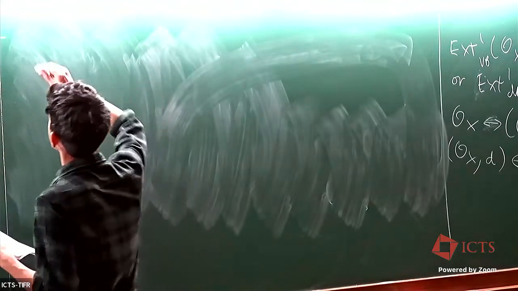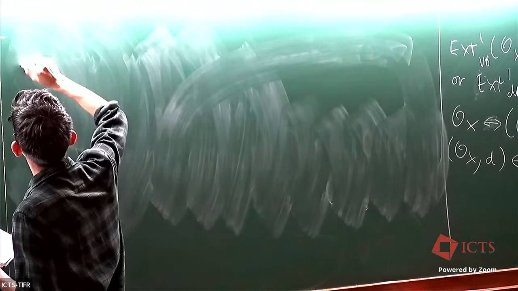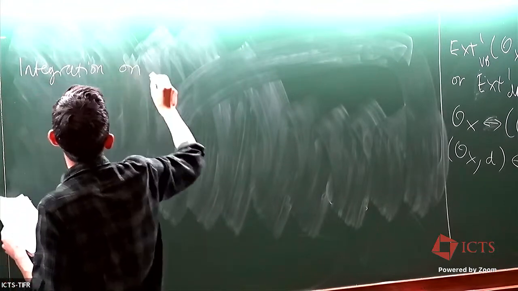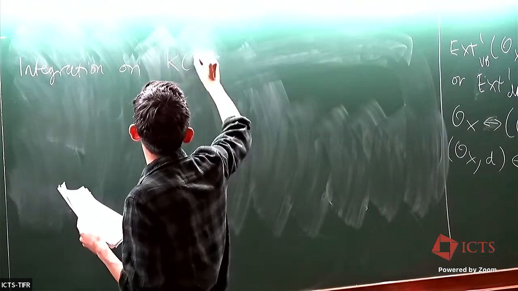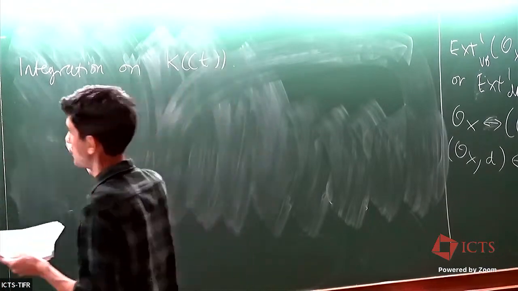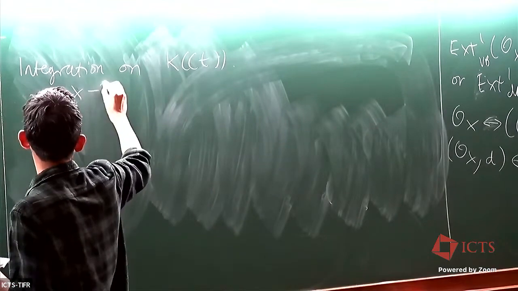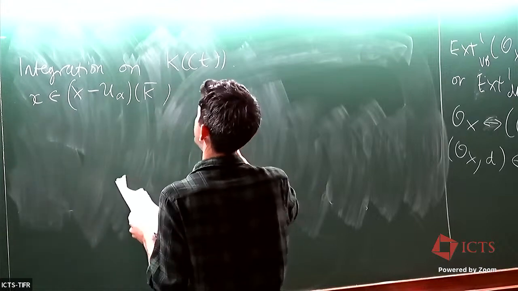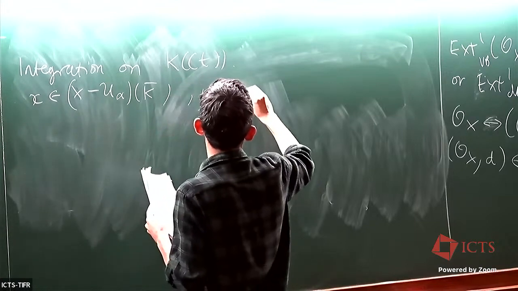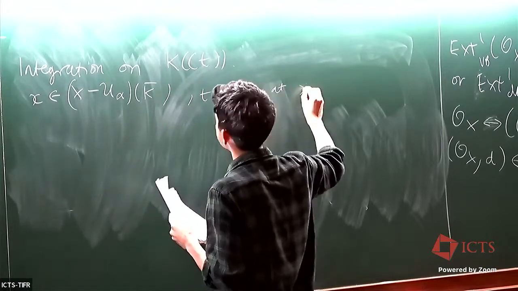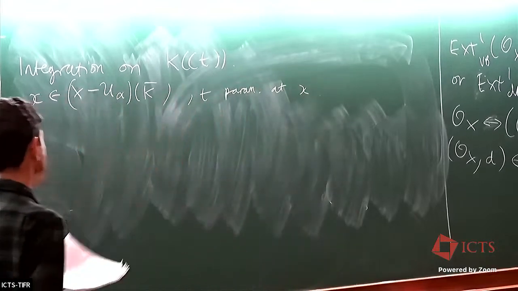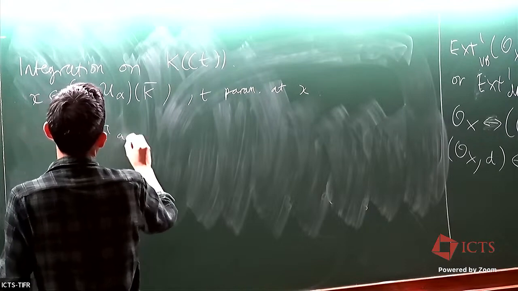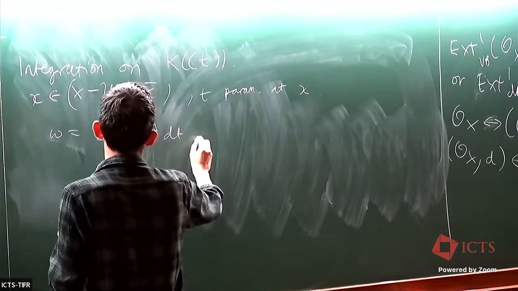And so, the point is basically just about integration. So let's say that we've got some x in X minus U alpha bar, and t is a parameter at x. So let's say we could write omega as some sum of a_n t^n dt.